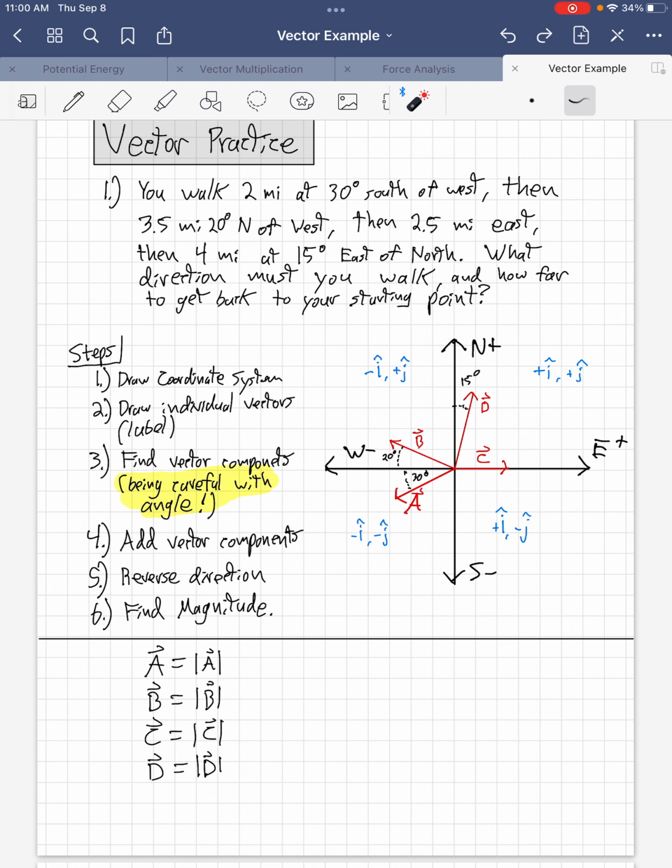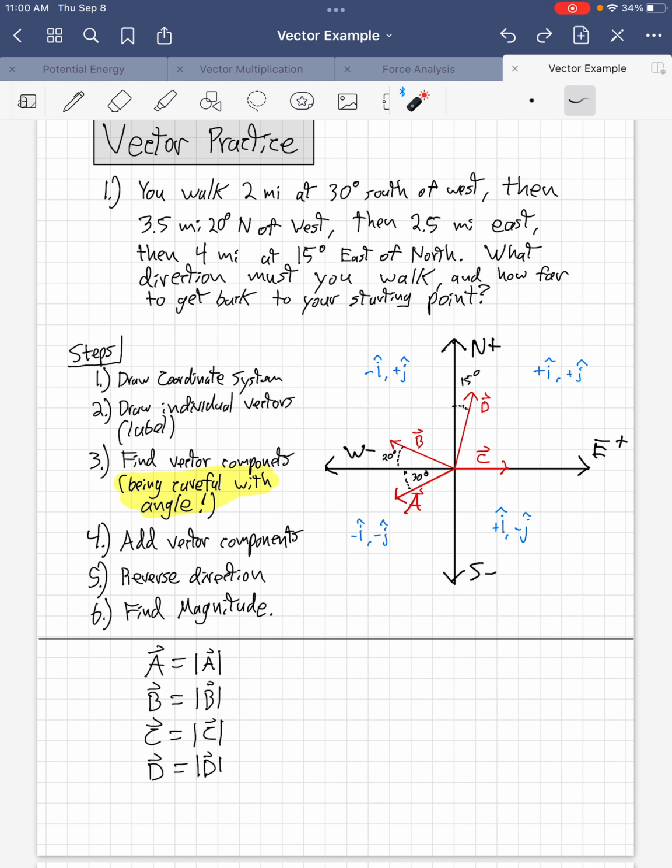That simple formula, saying the x component is the magnitude times cosine theta and the y component is the magnitude times sine theta, only works if the angle is defined as going counterclockwise from the x-axis. So if your angle is defined from a different axis and a different location, you want to be careful. And you go through SOHCAHTOA in your head to make sure you're applying the right trigonometric function.